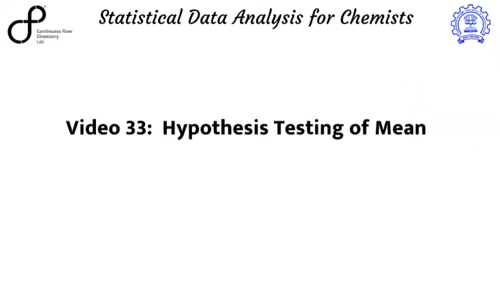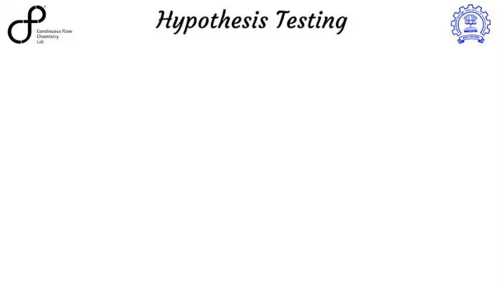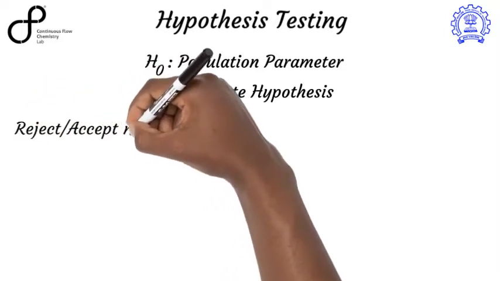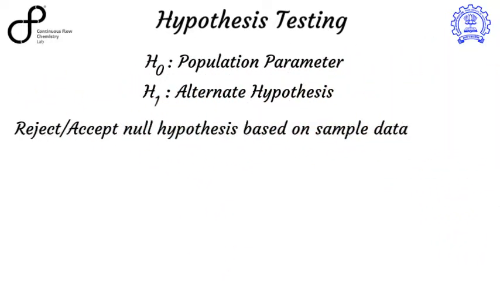In this video, we will learn the process of hypothesis testing and its application in testing the hypothesis about the population mean. As discussed in the previous video, the first step in hypothesis testing is to define the null hypothesis. Alternate hypothesis is defined as H1. The null hypothesis will be rejected or accepted based on the sample data.